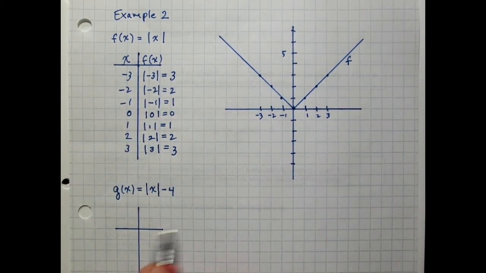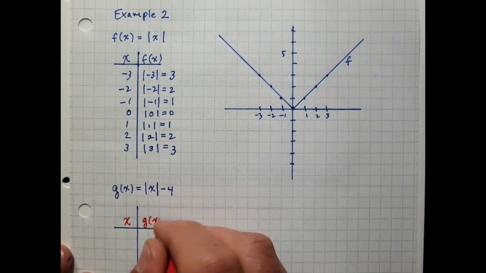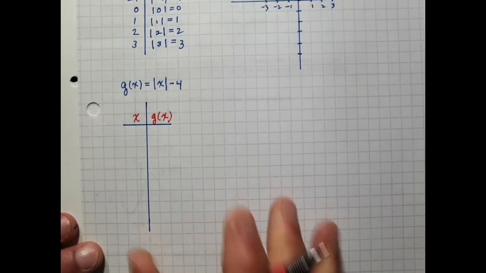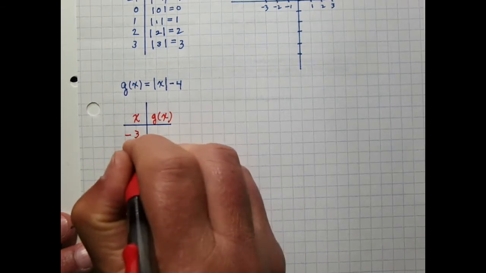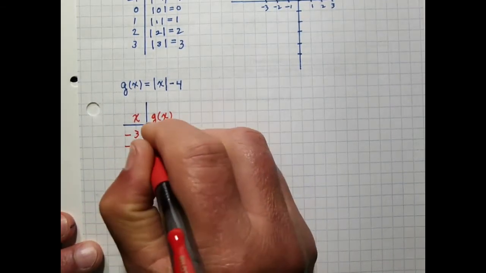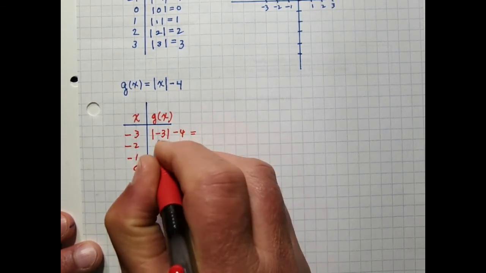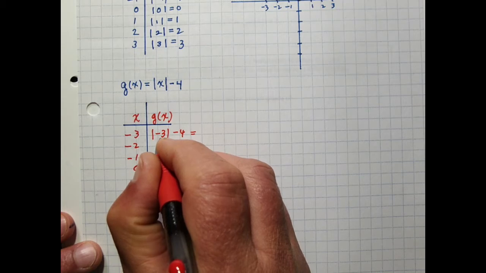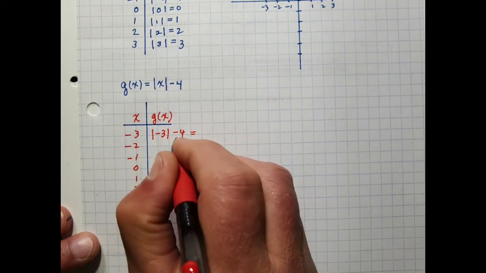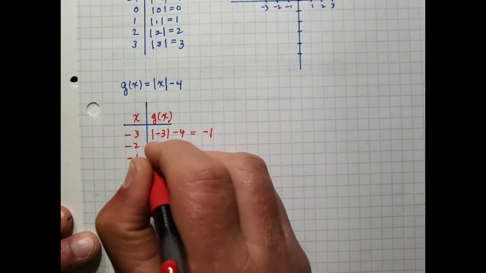And now let's do our G calculations, okay? And same values. And I bet you can all see exactly what's going on here. So absolute value of negative 3 is 3, but then I got to subtract 4, so 3 minus 4 is going to be negative 1 in the end.